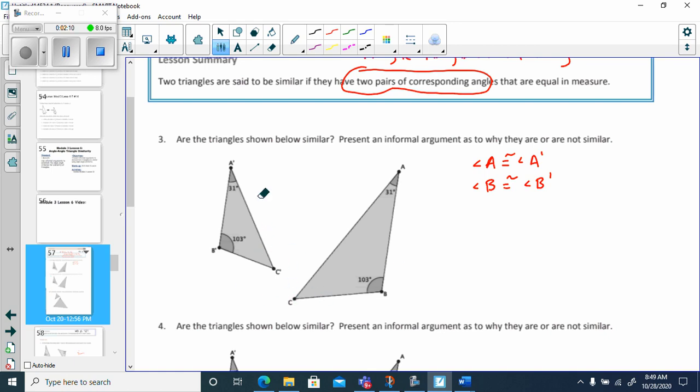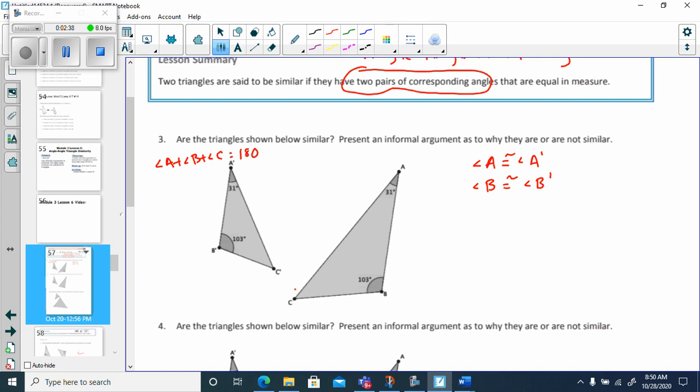These two are triangles. I have two angles in this triangle. How could I find the measure of that third angle? We know from the triangle sum theorem that the three angles in a triangle add up to 180, right? So angle A plus angle B plus angle C would have to be 180. Same thing for this one here, right? Okay.